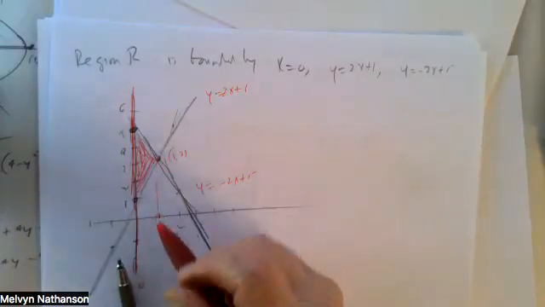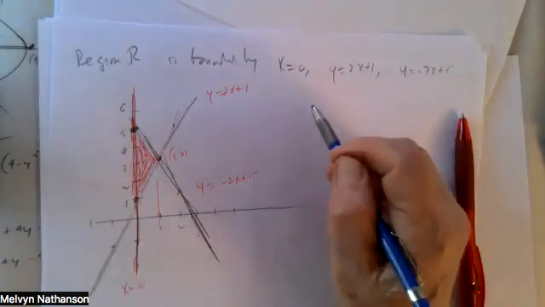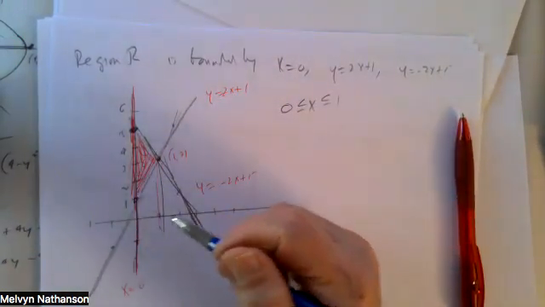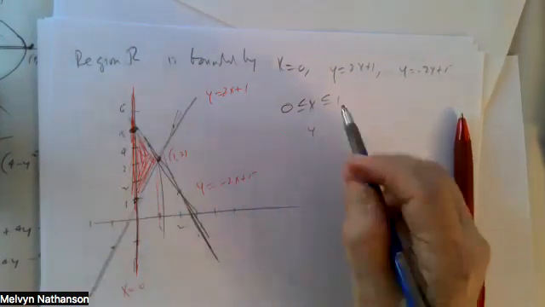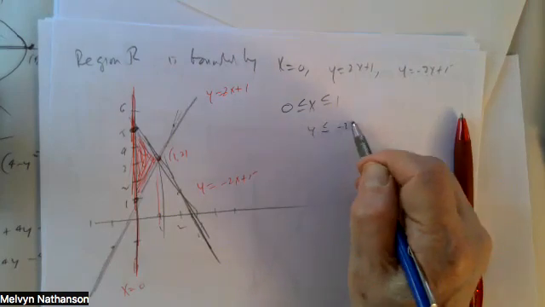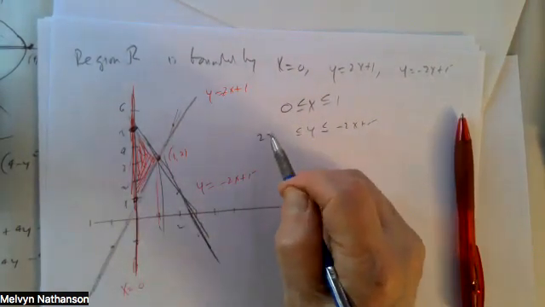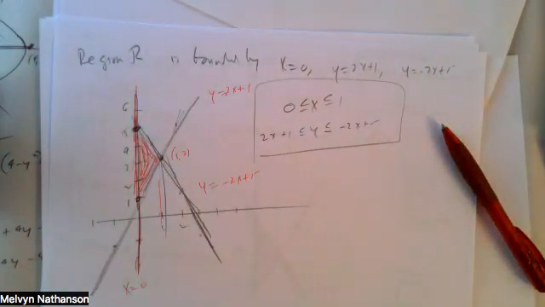And for every point in this triangle, x is between 0 and 1, and y is below or on this line and above this line. So that's how I worked out the structure of this region.